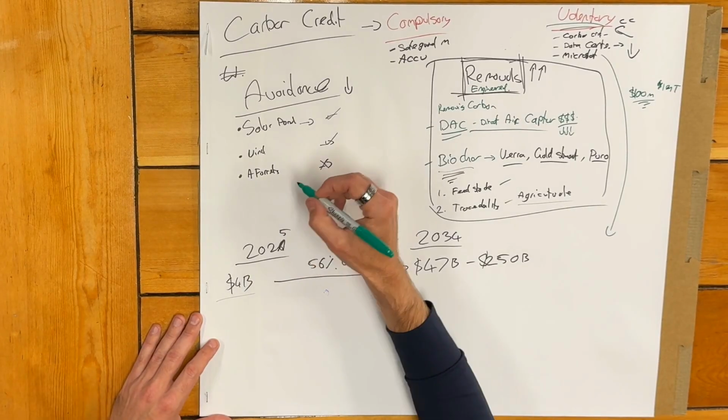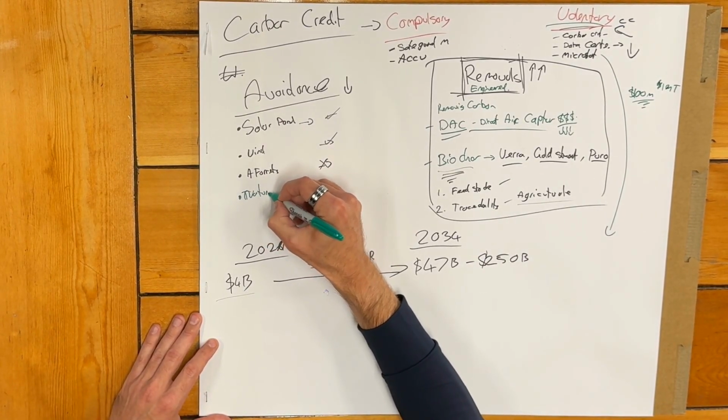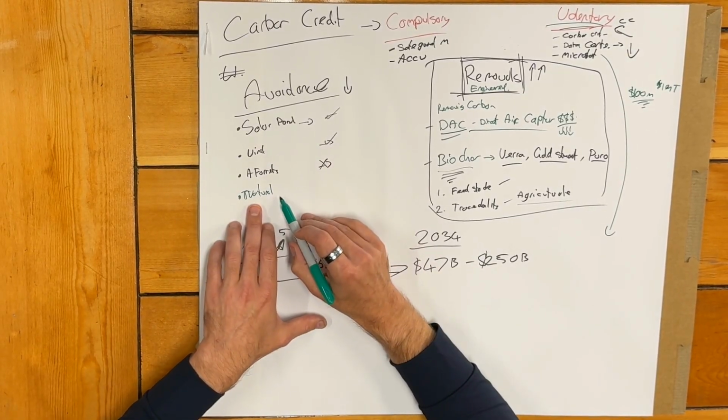Now, one of the other aspects which I didn't talk about earlier is there are two other main things we see here. One, along with removal, is avoidance. This is natural carbon credits.